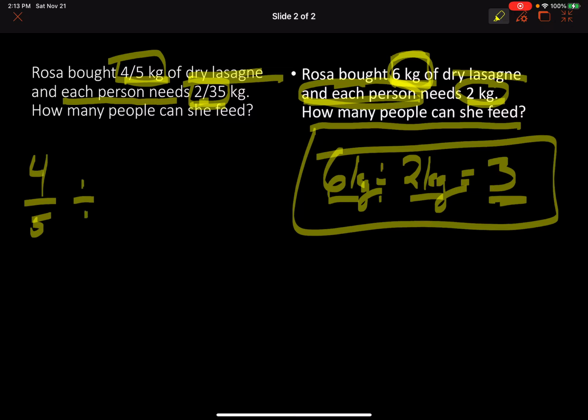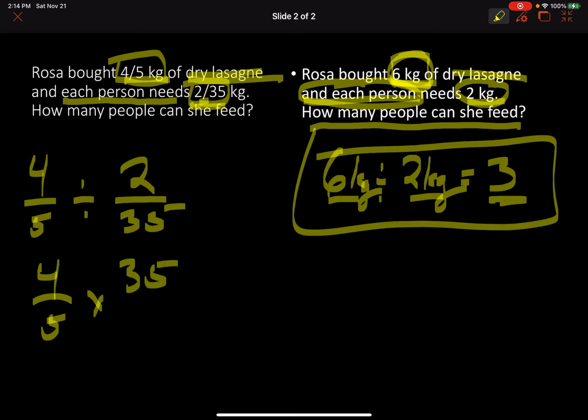Okay, so I'm going to divide by 2/35, right? And then what I'm going to do is flip that problem, and I have 4 times 35 over 2. Okay, 30, 60, 90, 120, right?